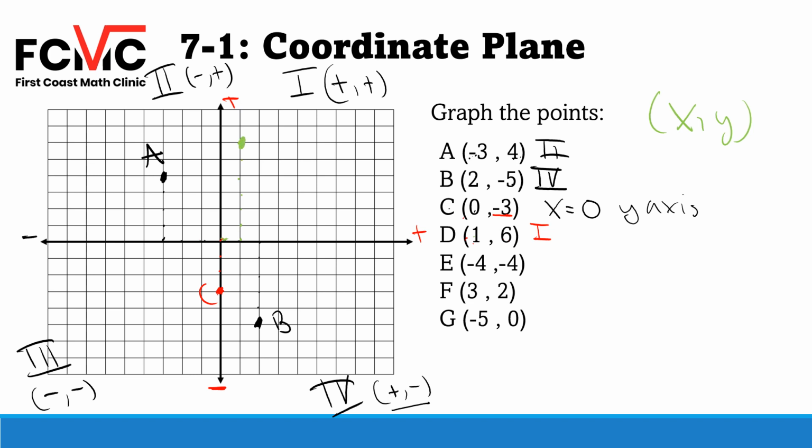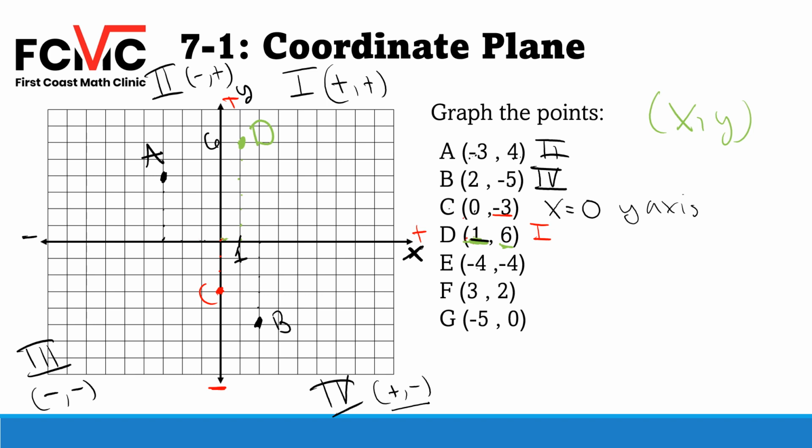So point D is right here, because again, remember that first coordinate, that 1 is my x value, 6 is my y value, so I'm going to move 1 on the x-axis. Let me just label this in case you guys forgot, so that x value is horizontal, y value is vertical. So I'm moving 1 on the x-axis, and then 6 on the y-axis.